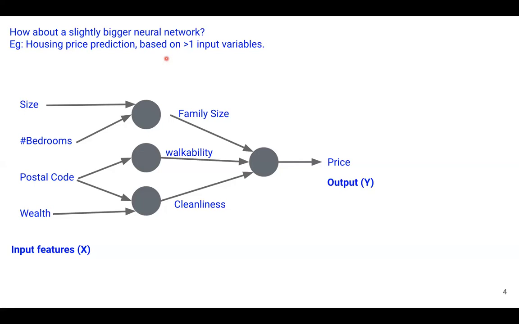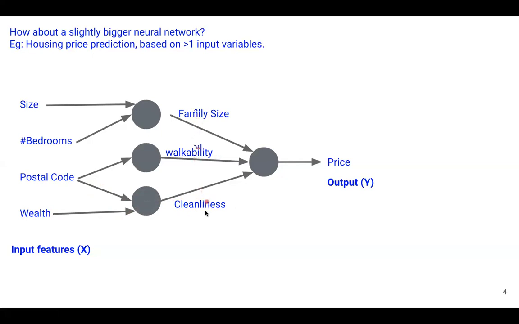The next node, let's say it takes the postal code of the house, which is related to the location of the house, and it tries to predict the walkability of the neighborhood. The third node takes the postal code and the general wealth of the neighborhood and tries to compute the cleanliness of the general neighborhood.